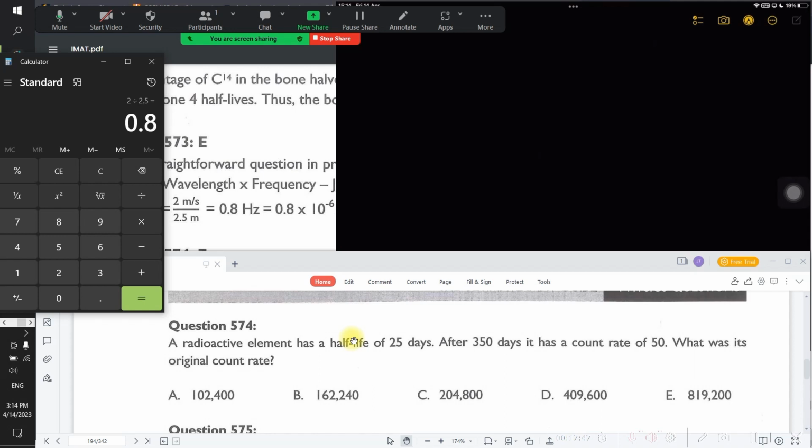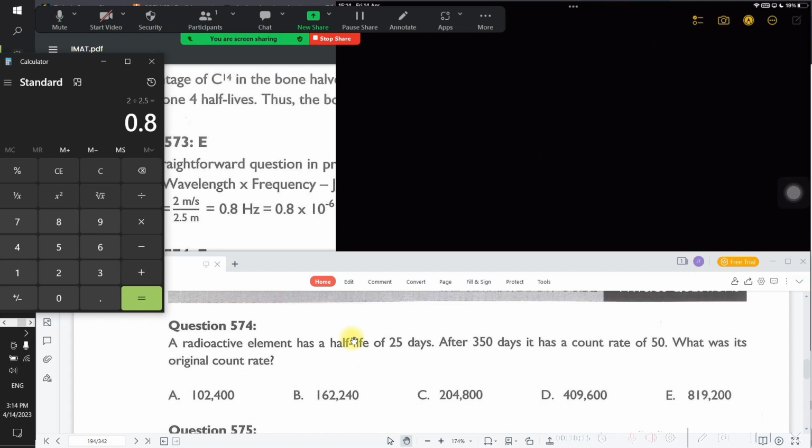Một cái nguyên tố phóng xạ nó có cái chu kỳ bán rã là 25 ngày đi. Thì sau 350 ngày nó có count rate là mình đếm được là 50 tia trên một giây, trên một phút chẳng hạn. Count rate actually is calculated in minutes, you know. 50 trên phút. Thì nó hỏi là lúc ban đầu đếm được bao nhiêu nhịp á.